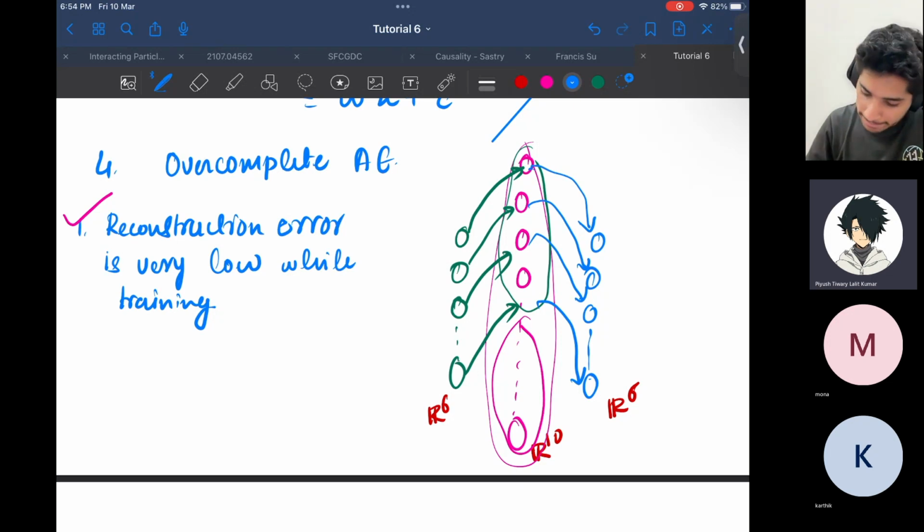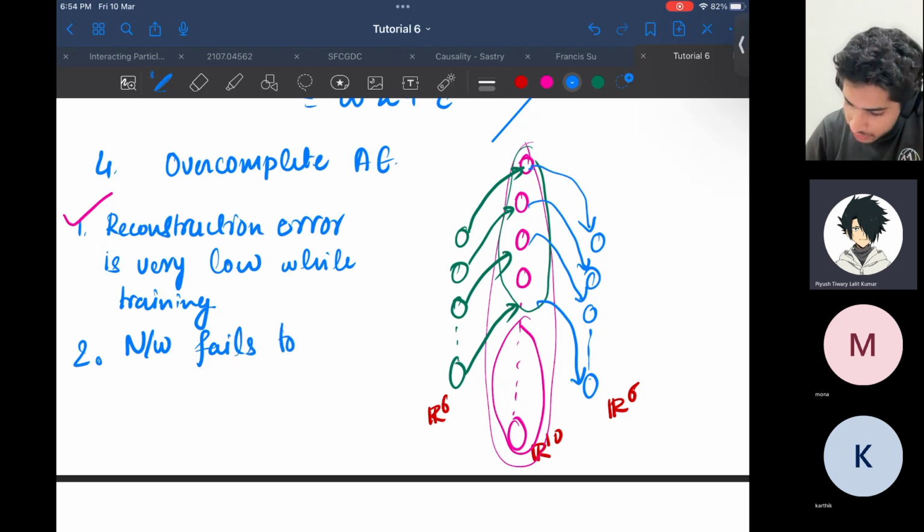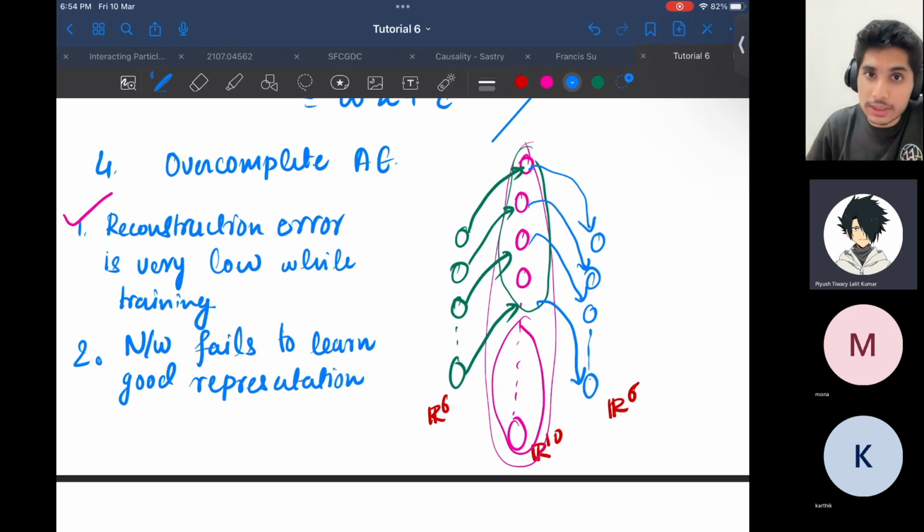What was the second option? The second option says that the network fails to learn a good representation of the input.